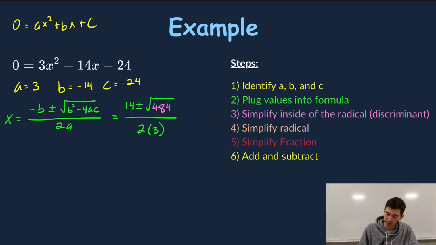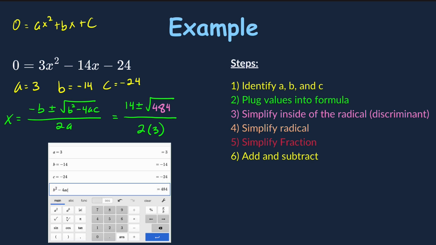Step 4 is going to be to simplify the radical. So I'm doing that prime factorization stuff where I'm seeing what I can break 484 up into. One thing that you can do, though, in Desmos is just see if 484 is a perfect square. So we'll do that here.